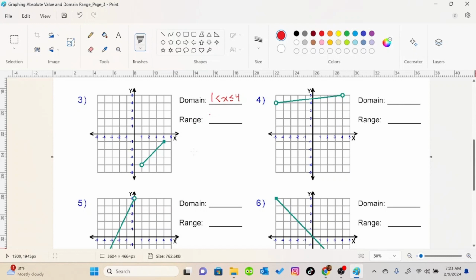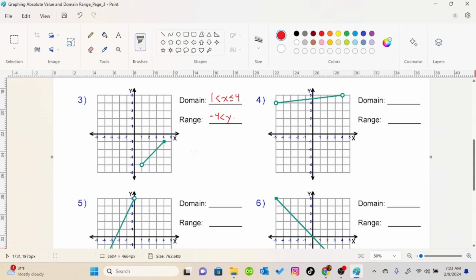For the range, my lowest y value is -4. That is an empty point, so it is only less than y.